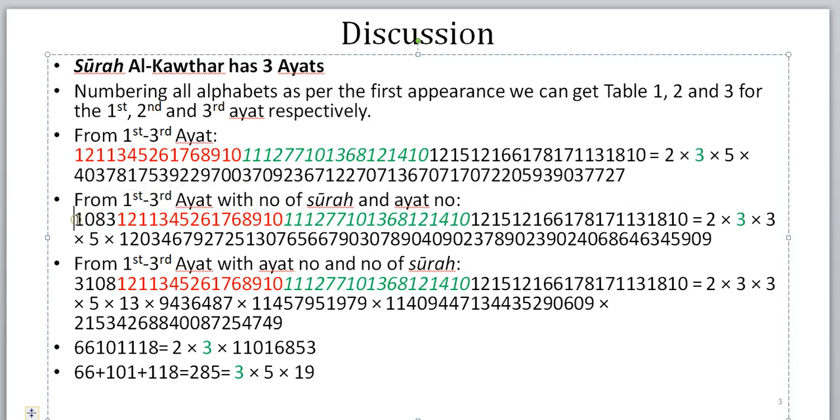If we place these values in front of this big number, we get another big number, and this number is also the product of these numbers.